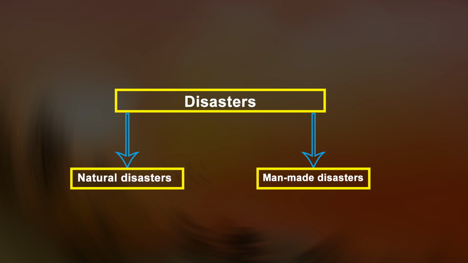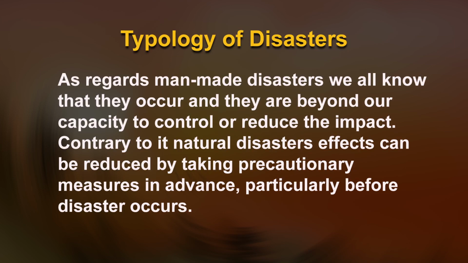If you look at the diagram below, it talks about these two disasters, natural disasters and man-made disasters. As regards man-made disasters, we all know that they occur and they are beyond our capacity to control or reduce the impact. Contrary to this, with natural disasters, effects can be reduced by taking precautionary measures in advance, particularly before disasters occur.